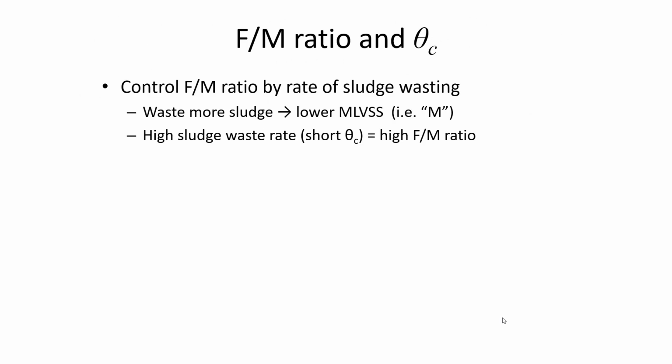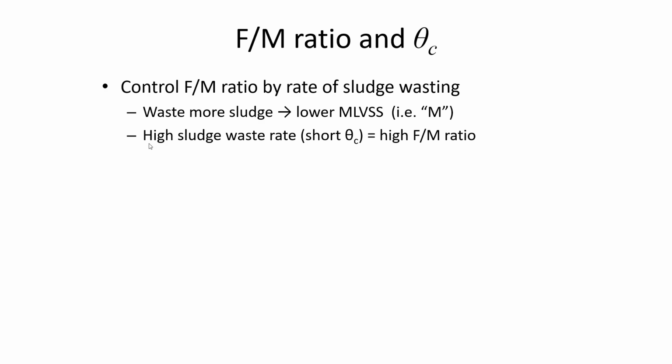So the more you waste the sludge, the lower the concentration of mixed liquor volatile suspended solids will be. Like if you wasted all of the sludge, then the mixed liquor volatile suspended solids would only be the same as what's coming in. But if you recirculate most of the sludge, then your mixed liquor volatile suspended solids will be even higher.